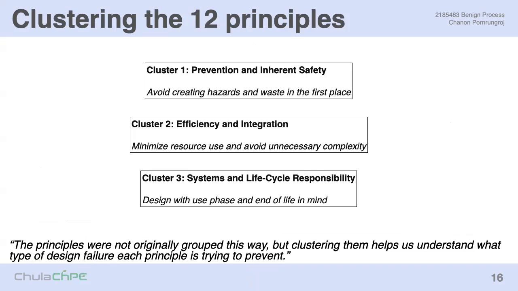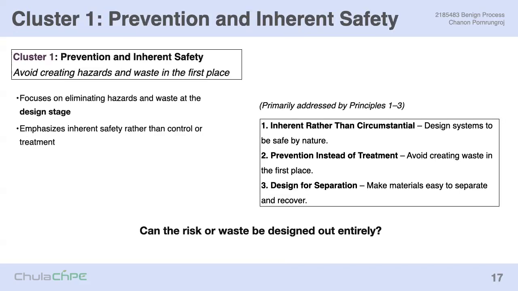So we talk about the 12 principles, and I would like to cluster them into three, and we will go through each cluster. The first one is prevention and inherent safety. What does it mean? As I mentioned, we want to avoid creating hazard and waste in the first place.